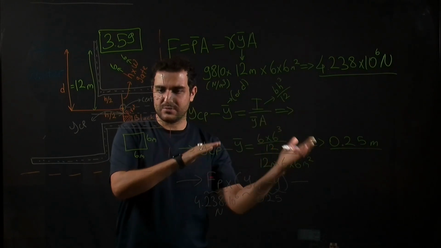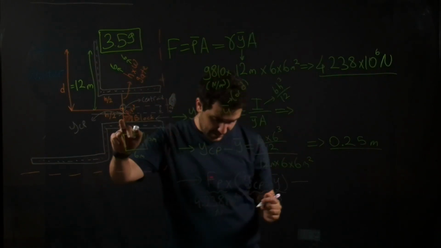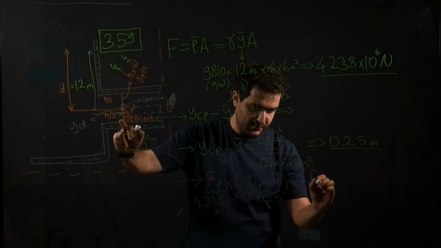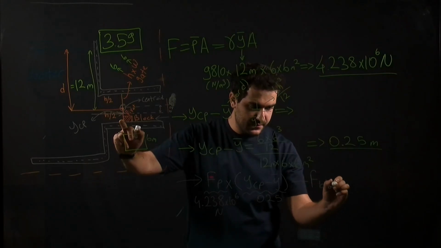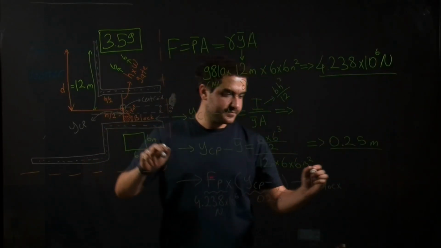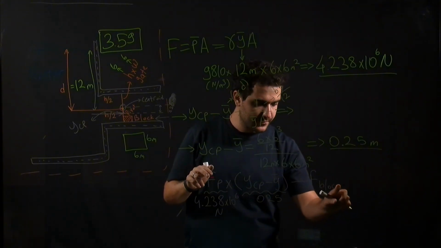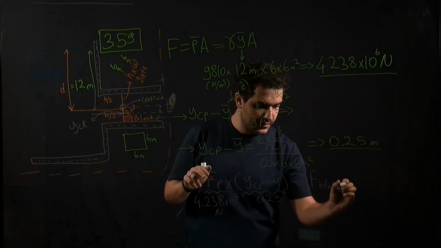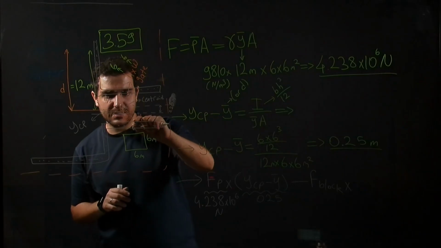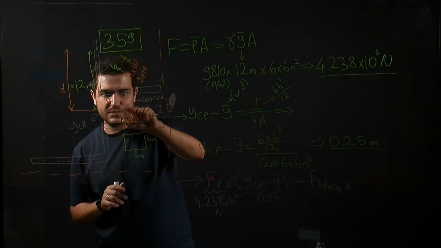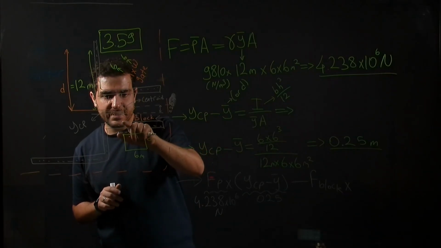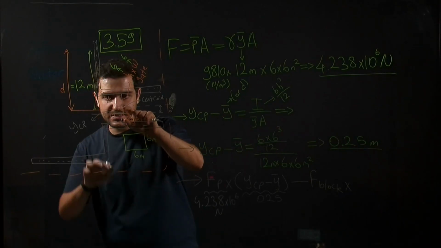So now from right to left, we have force of block times the distance from the block to the pivot. So we can take this level. So this is actually 3.